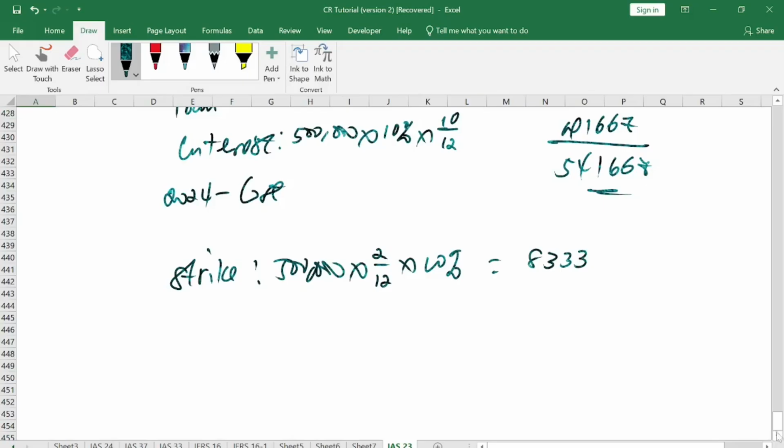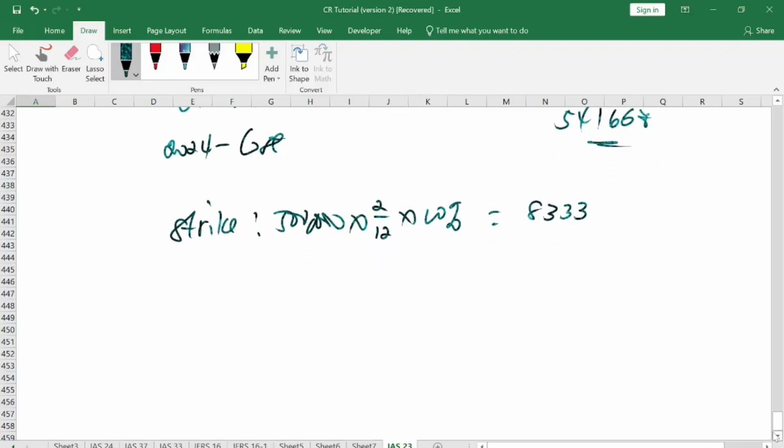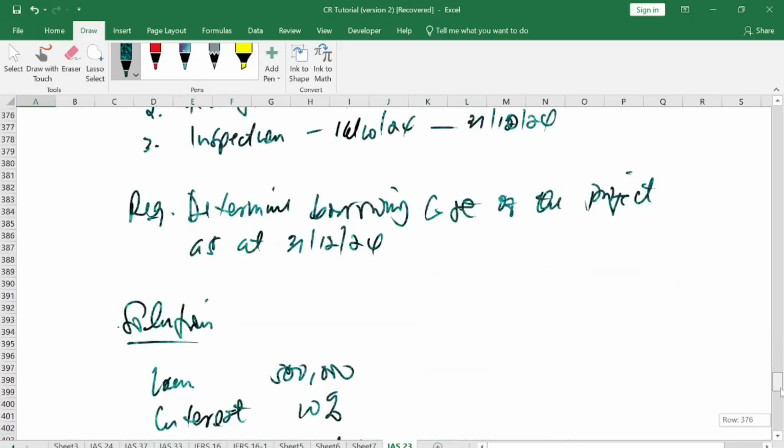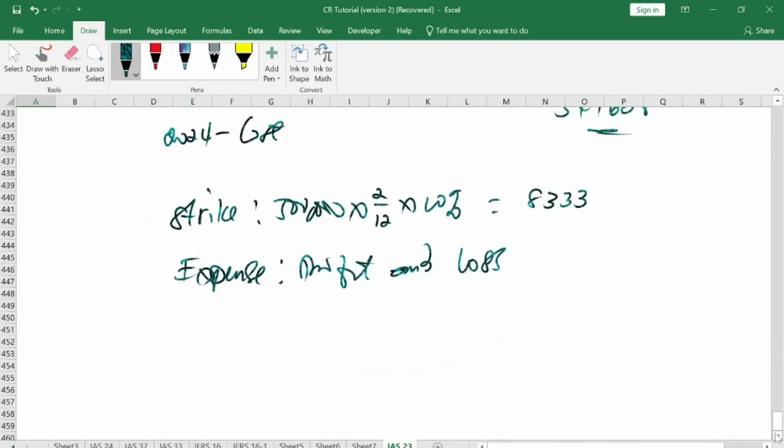All right, so this 8,333, which is outside the capitalization criteria, you expense it with profit and loss account. All right, so this is how the suspension is determined.